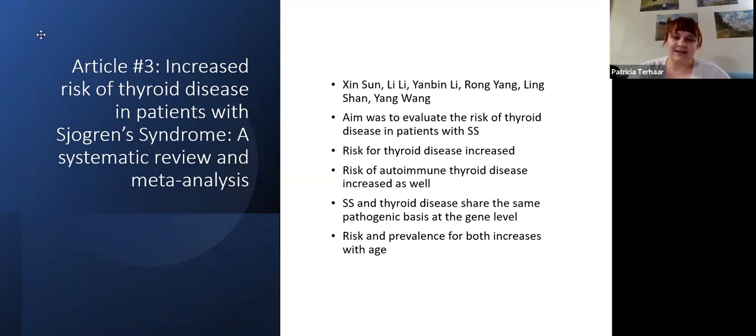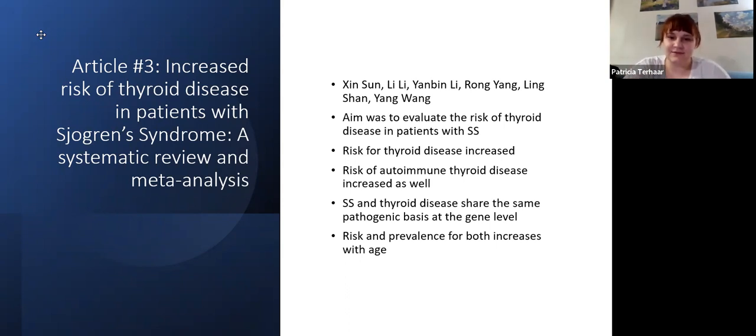They found that Sjögren's syndrome and thyroid disease share the same level of pathogenic basis at the gene level. The risk and prevalence for both of these diseases increase with age, which is something they took into consideration in their data analysis.